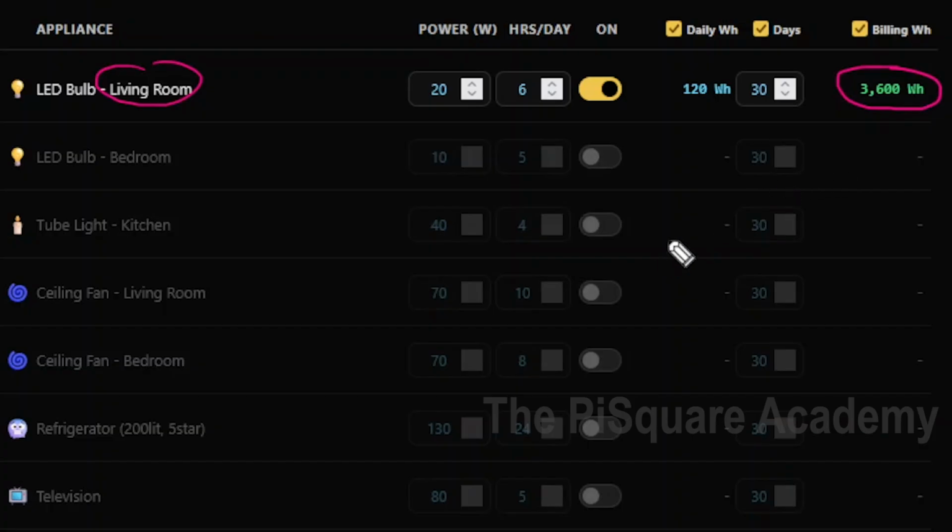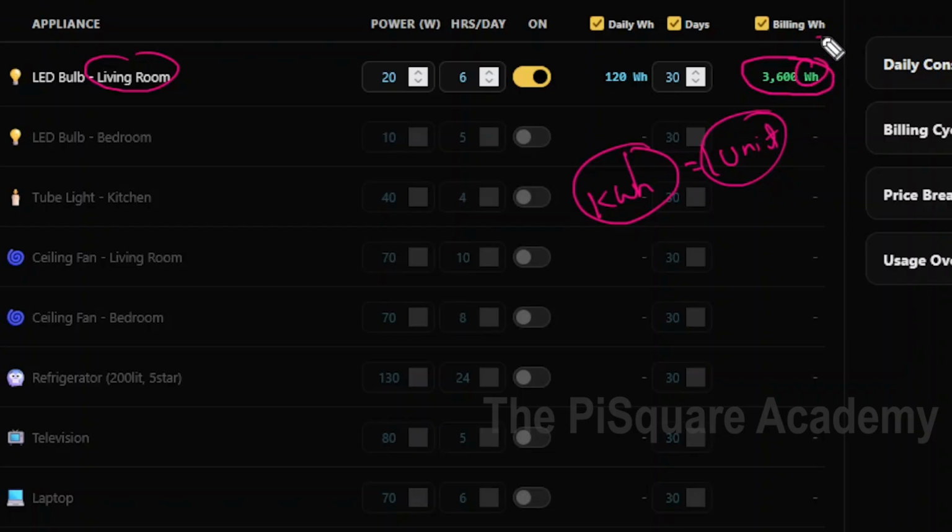And we already know the electricity bill pricing happens as per kilowatt hours. 1 kilowatt hour is equal to 1 unit. So this is in watt hours. In kilowatt hours, this will be 3.6 kilowatt hours, which means in 1 month, if I only turn on this bulb, I will consume 3.6 units of electricity only.